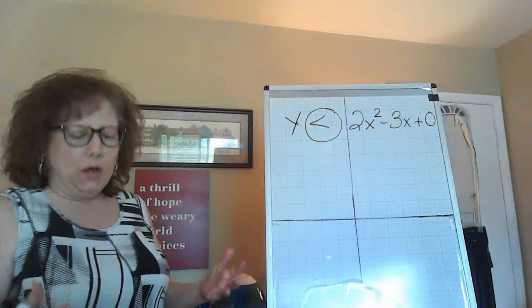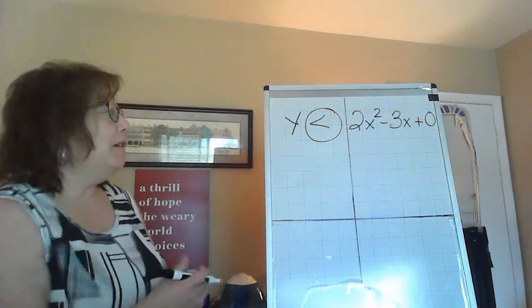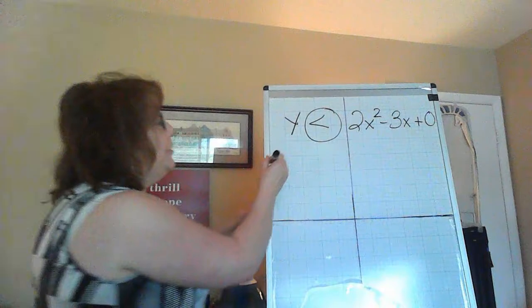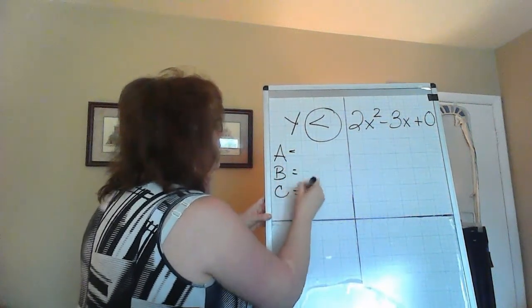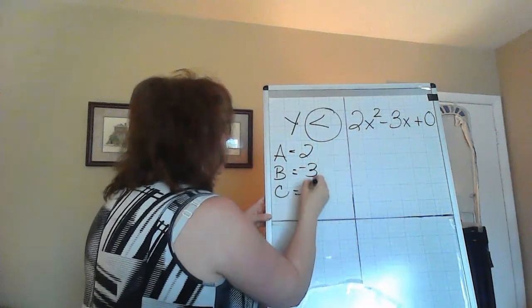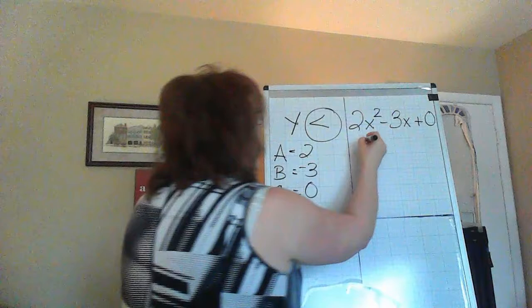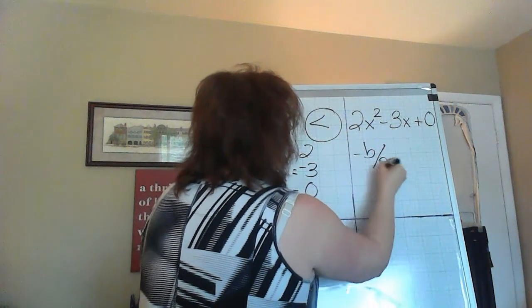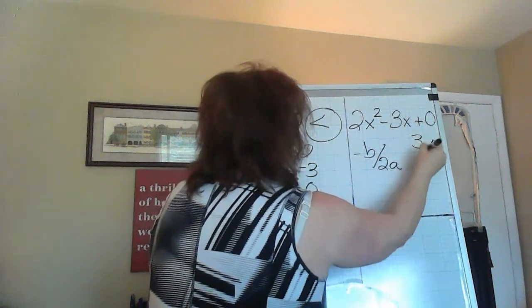We would do all the same steps. Now I'm not going to, well, yeah, I'll go ahead and do the steps. So just to remind you, the A, B, and C. A is 2, B is -3, and C is 0. And so then we go through and we find out the -b over 2a, which means I'm going to have 3 over 4.